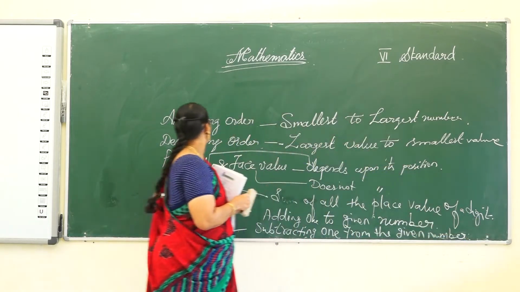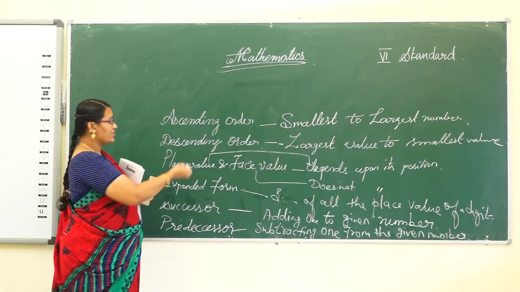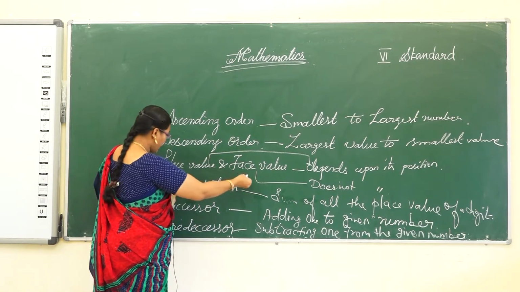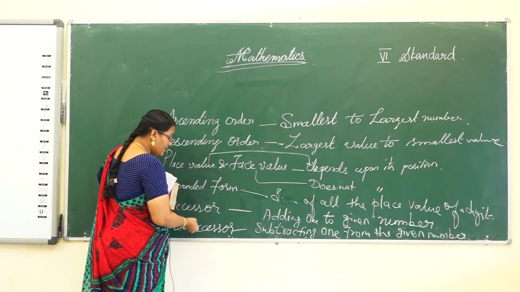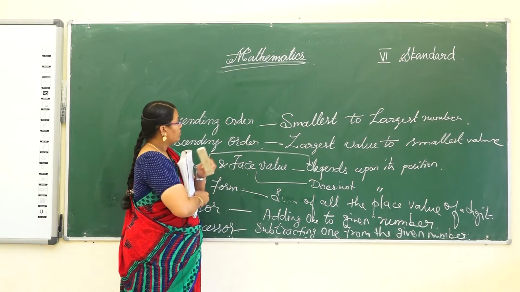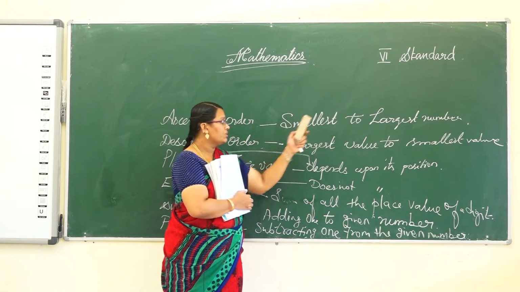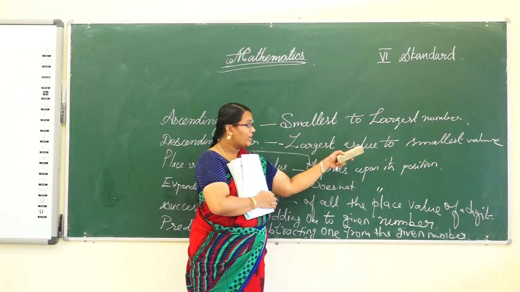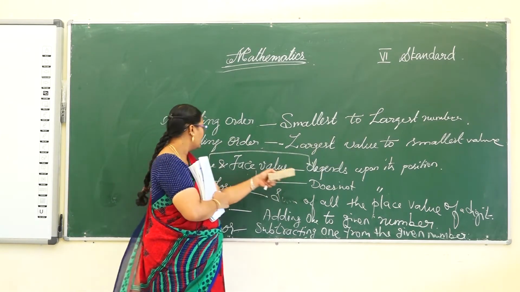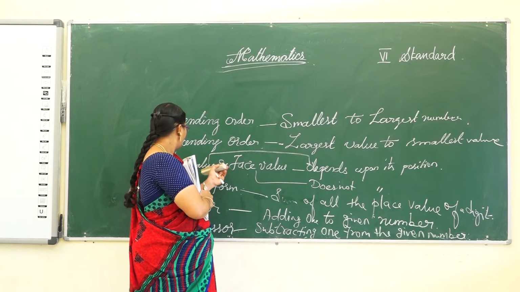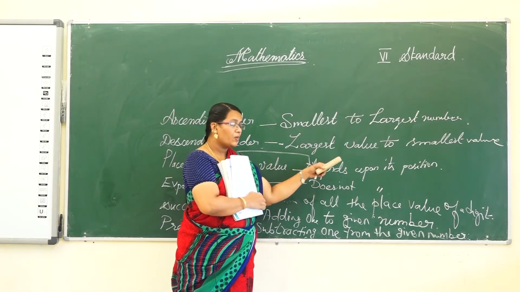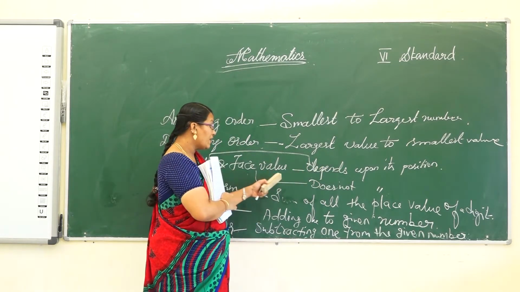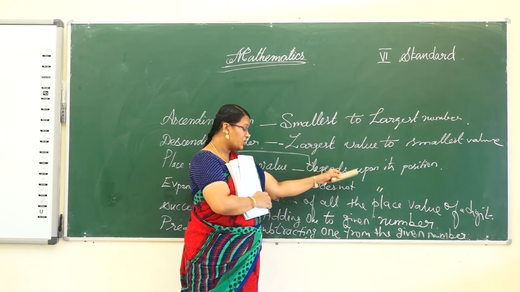I hope you all understand the concept of ascending order, descending order, place value and face value, expanded form, and successor, predecessor. So smallest number to largest number is ascending order, largest value to smallest number is called the descending order. And place value depends upon its position, and face value does not depend upon its position.